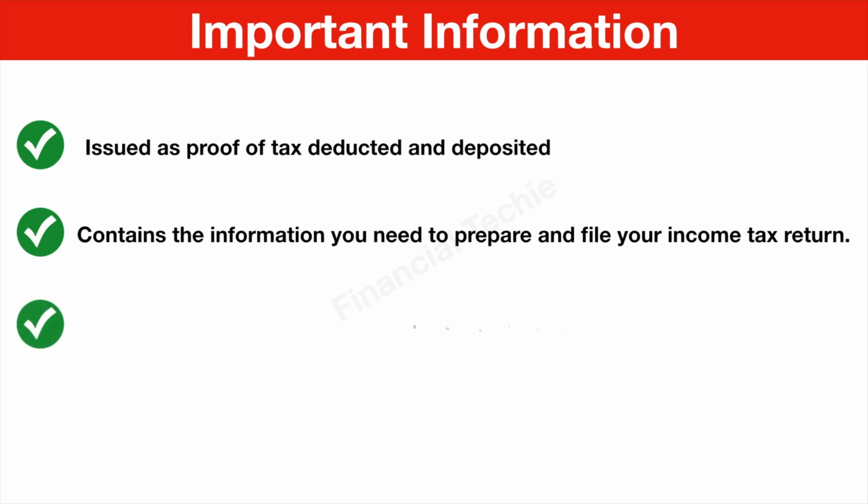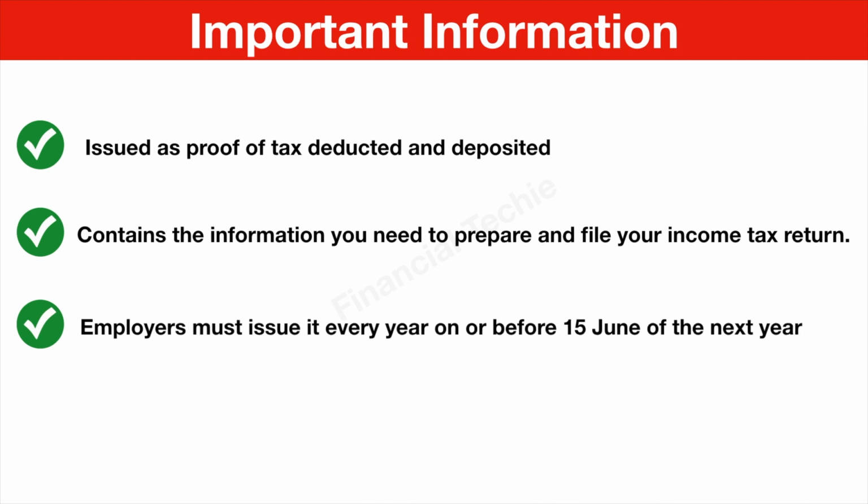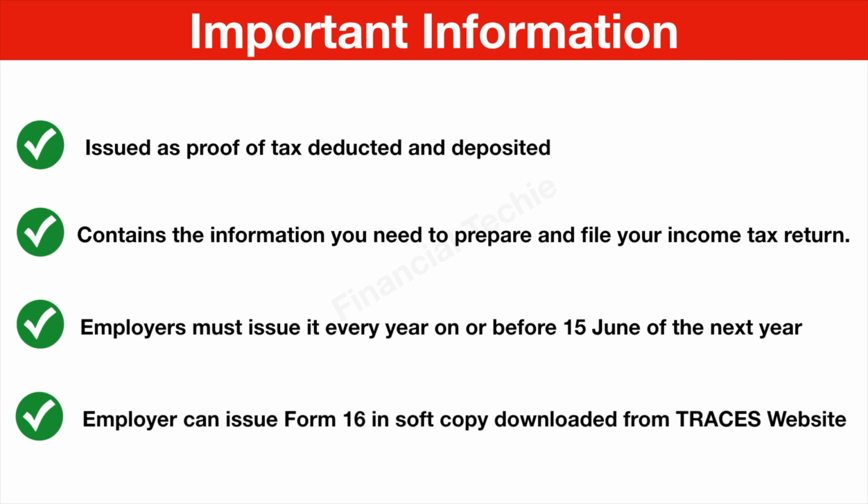The third important point is that each employer is supposed to provide you Form 16 every year on or before June 15th. In case they don't provide, they are liable to pay a penalty to the government. The last point is that only the employers can issue Form 16, both in hard copy and soft copy.